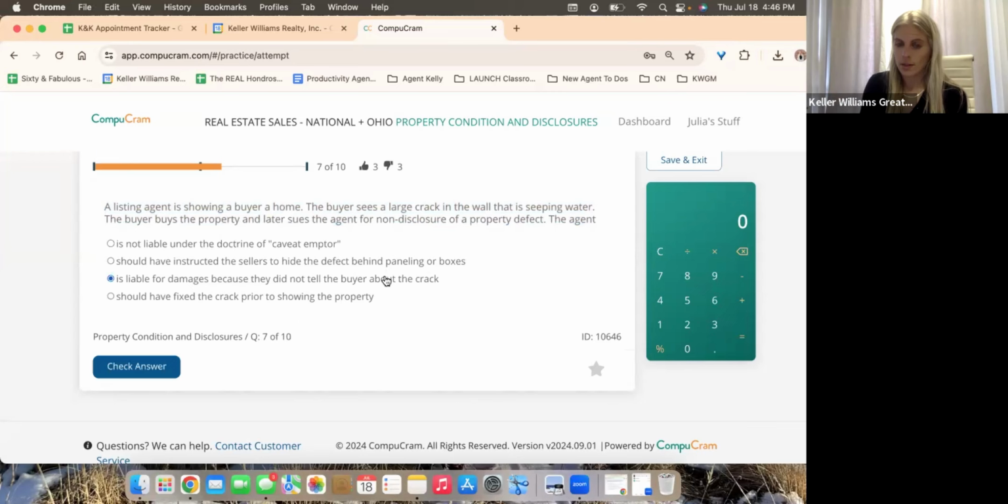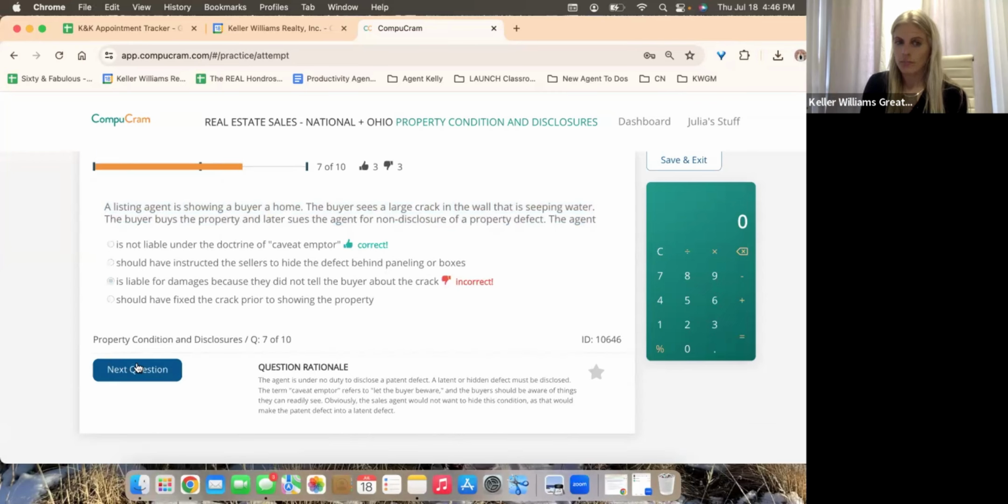All right, we go C. Okay, so it would be A. It is not liable under the doctrine of caveat emptor. So this Latin term means buyer beware.